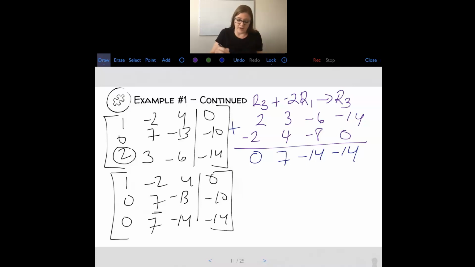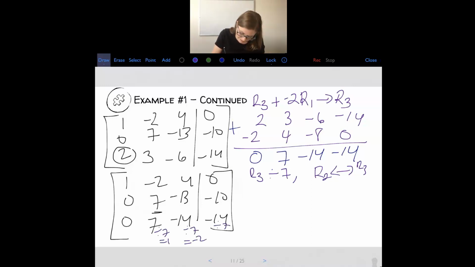So I take row 3 divided by 7, and then switch row 2 and row 3. If I divide by 7, that gives me 1 and so on, and then you can interchange the two rows. So this becomes row 2, and row 2 becomes row 3. You're allowed to interchange rows.